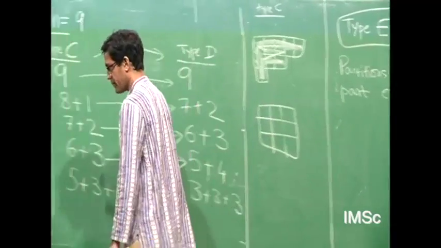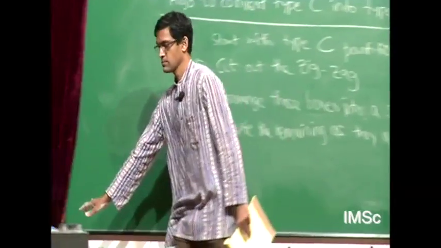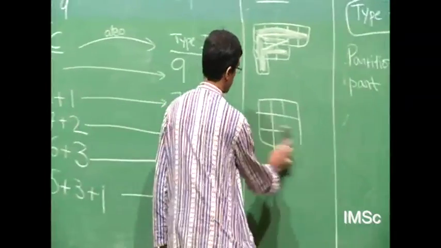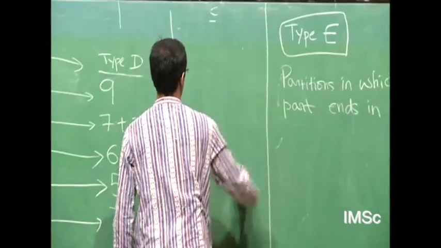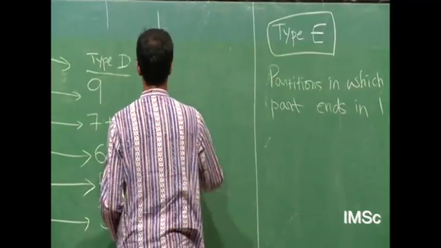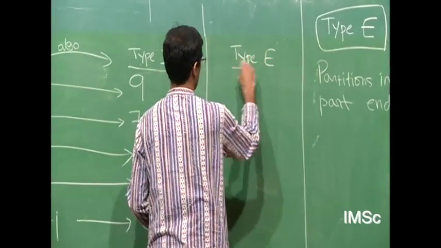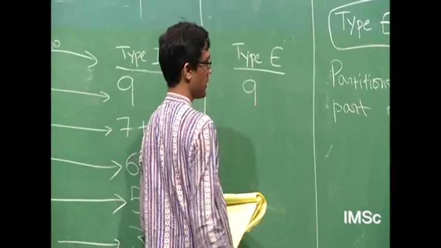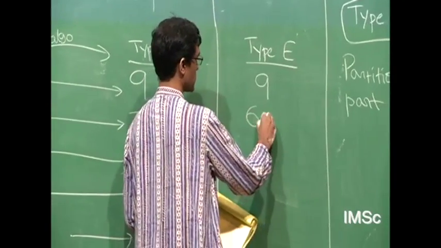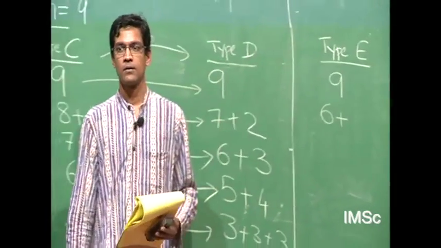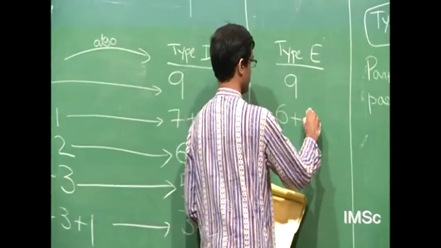What are type E partitions of 9? How many partitions, well, what are they firstly? What are the type E partitions? Nine itself is fine. 6 plus, anything with 6? 1 plus 1 plus 1.